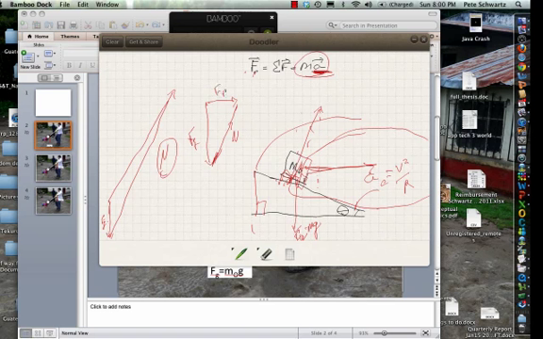So this is the resultant force equals mass times acceleration equals mass times v squared over r. Okay, this is your right angle because the force of gravity is vertical and the acceleration is horizontal. And this angle is the same as this angle. Prove it to yourself.